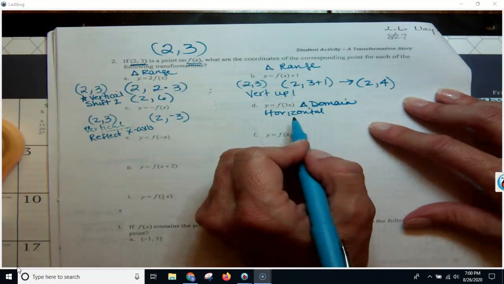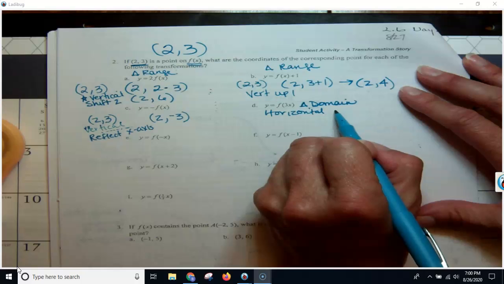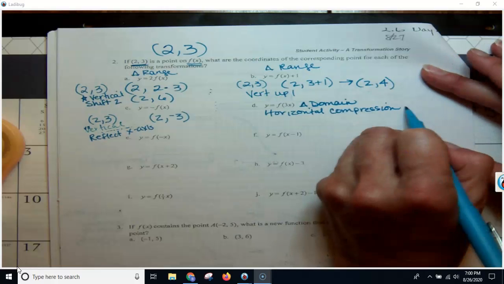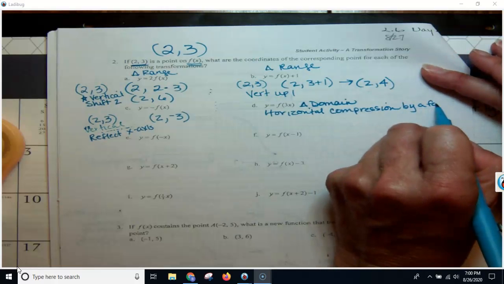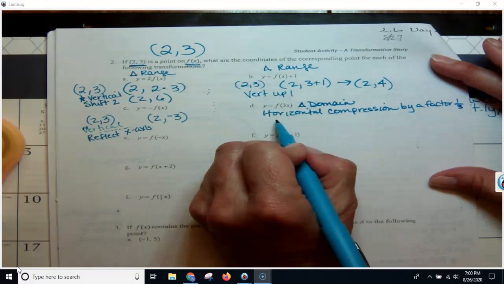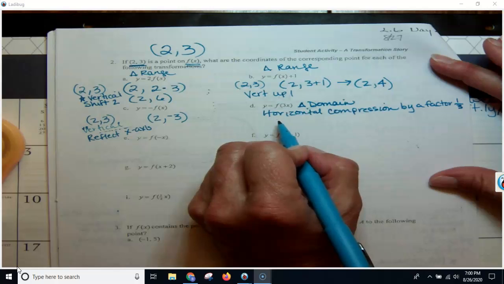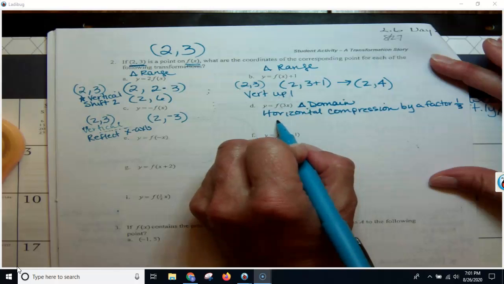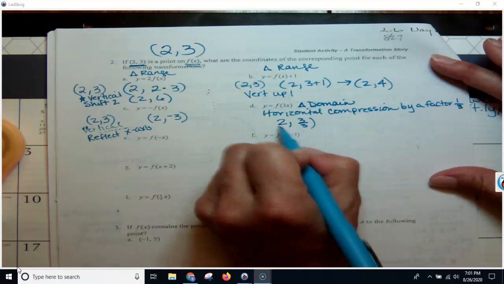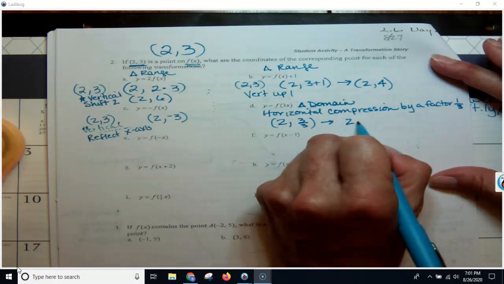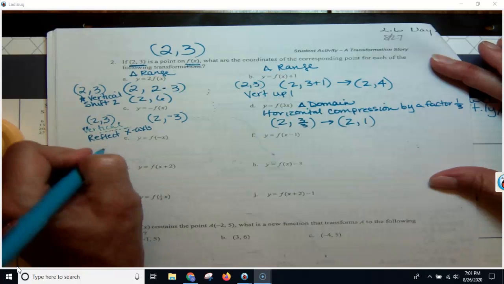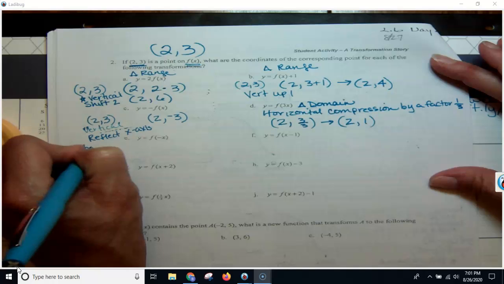This is going to be a horizontal compression by a factor of 1/3. And so you're basically going to go from 2, and this would be 3 divided by 3 to 1. Okay?